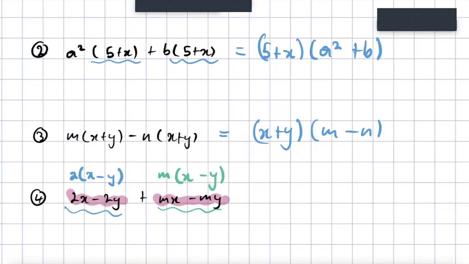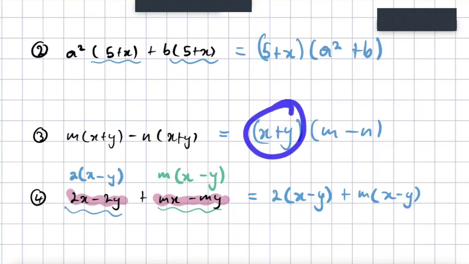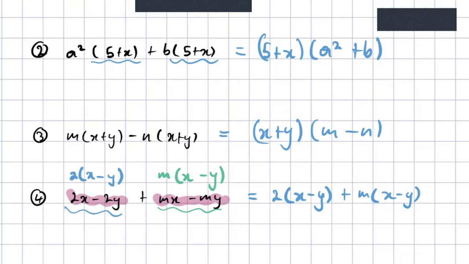So now, rewriting that out so you can see my actual step of working, I'll have in my first term 2 outside of x minus y plus m outside of x minus y. You'll see that we now have our common factor, like we had in our previous examples, of x minus y after we have grouped in pairs.